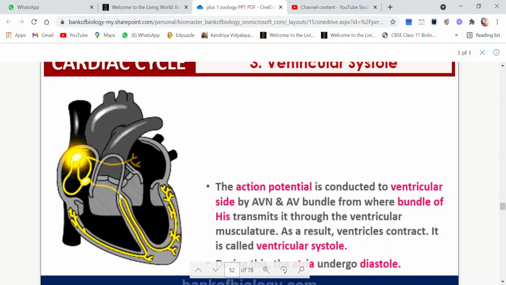You see, the action potential has spread out through the bundle of His, and it is transmitted through the ventricular musculature, and because of this action potential, the ventricles will contract. That is, ventricular systole has occurred.